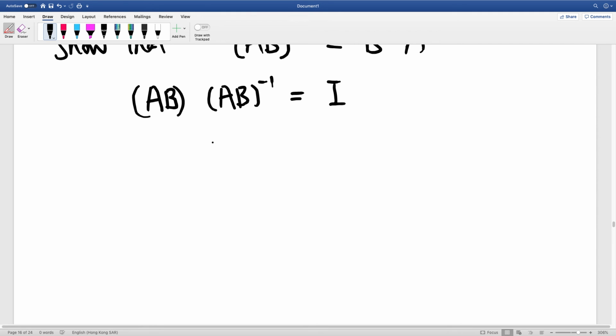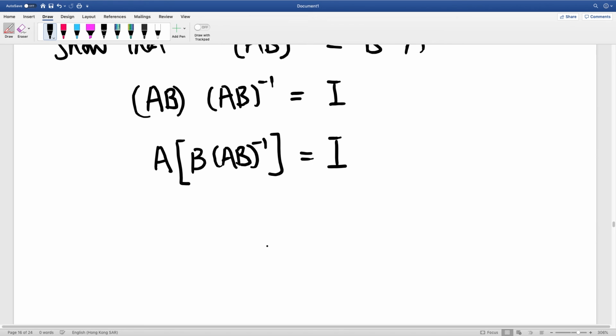Now how can we do next? Now you consider the order of multiplication. What I want to say is, just like if we multiply 2 times 3 times 4, you can do the multiplication of 3 times 4 first and then multiply by 2, or you do the multiplication of 2 times 3 first.